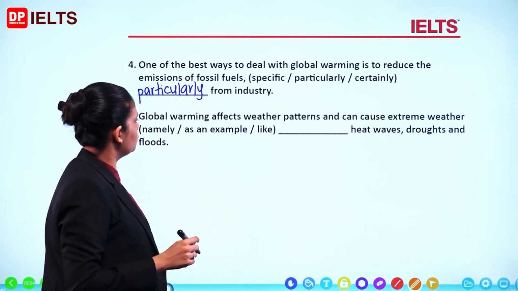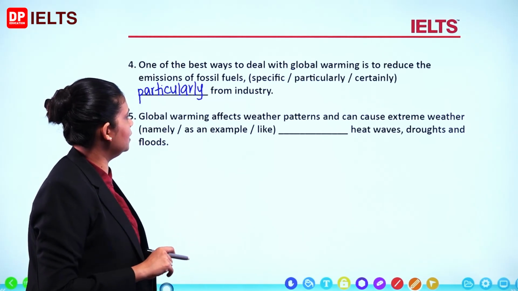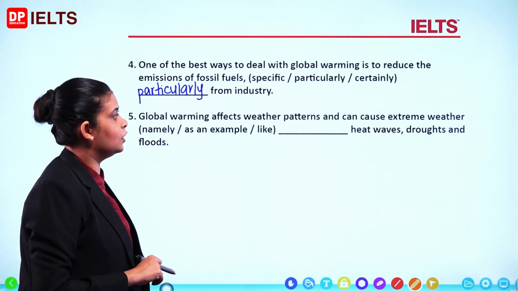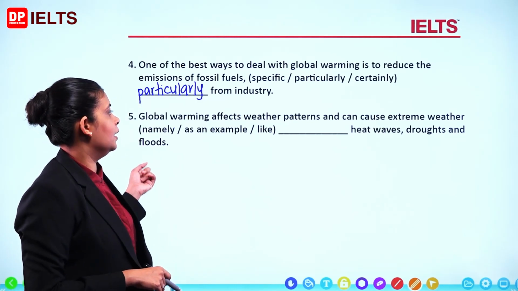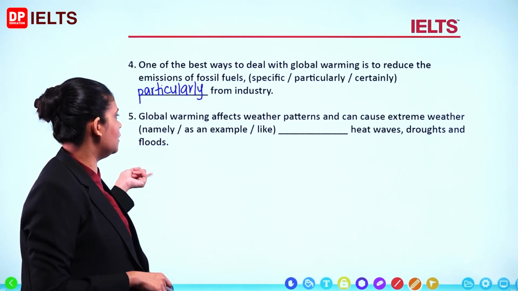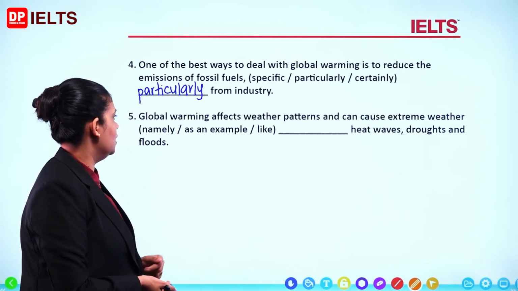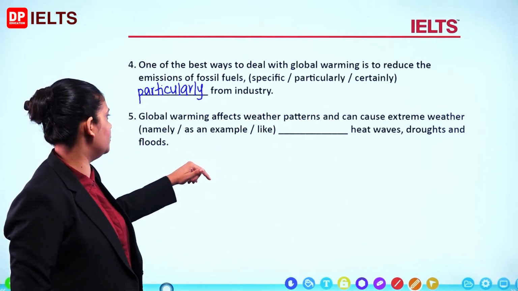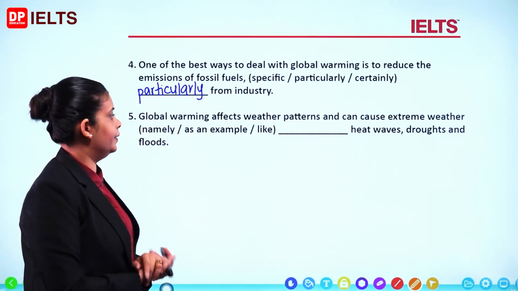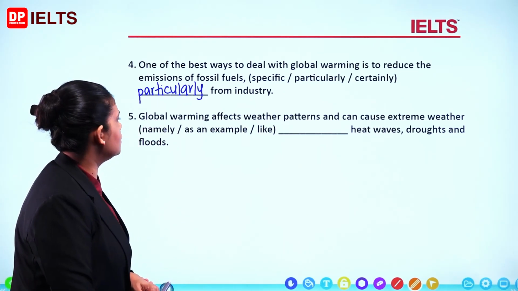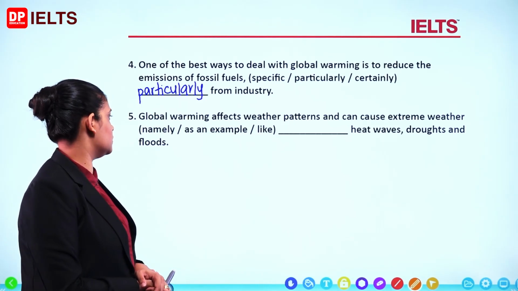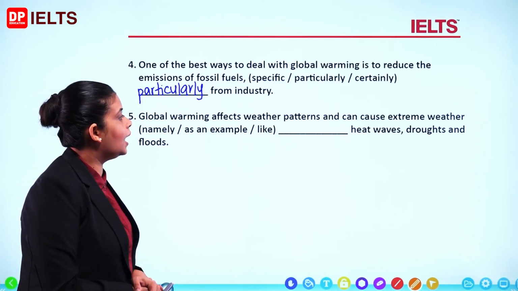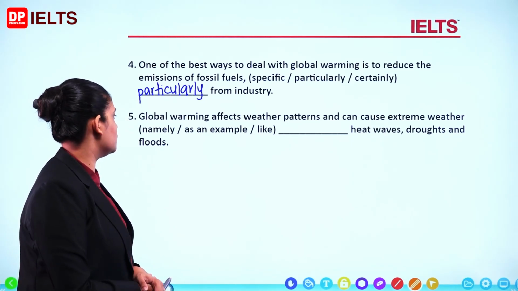Right. Last one. Global warming affects weather patterns and can cause extreme weather, heat waves, droughts, and floods. Okay. So it's not one example, but which one? Can cause extreme weather, namely heat waves, droughts, floods, or can you say like heat waves, droughts, floods?